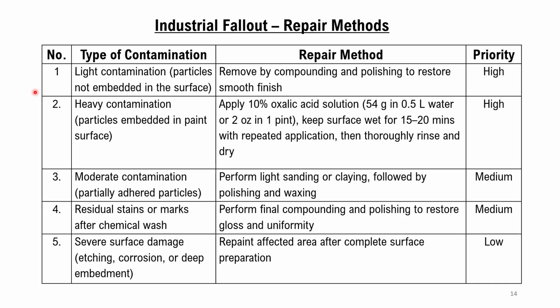This is the industrial fallout repair methods chart, as we have already discussed. That is, in case of light contamination, remove it by compounding and polishing to restore a smooth finish. In case of heavy contamination, apply 10% oxalic acid solution, keep the surface wet for 15 to 20 minutes with repeated application, then thoroughly rinse and dry.